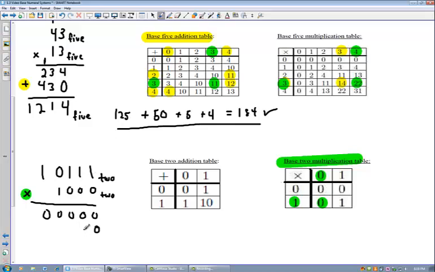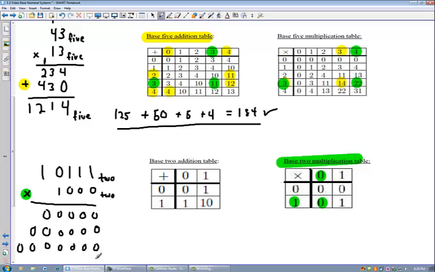So 0 times 1 is 0, 0 times another 1 is 0, 0 times 0 is 0, and then finally 0 times 1 is 0. And we just continue on, so now I write 2 zeros, and then 0 times 1 is 0, 0 times 1 is 0, 0 times 1 is 0, 0 times 0 is 0, and then 0 times 1 is 0.